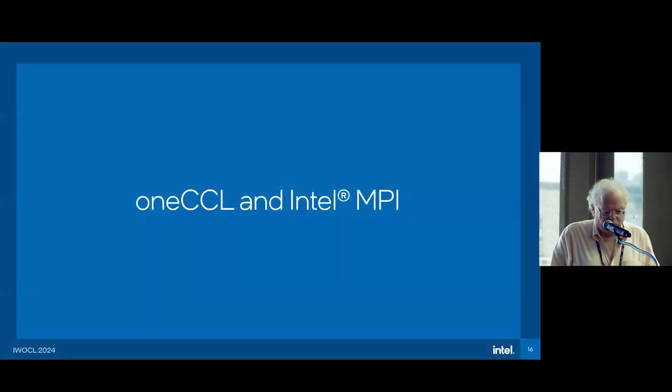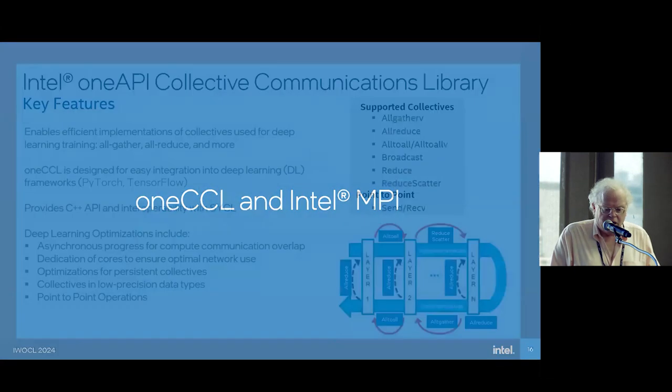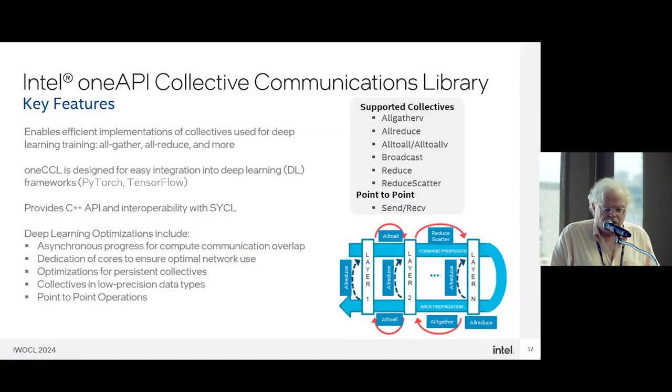I want to say a couple things about our sister groups, because OpenSHMEM is only one of several ways that you can expand beyond a single GPU. The OneAPI Collective Communications Library also supports GPU memory and lets you do collectives and point-to-point operations as well.